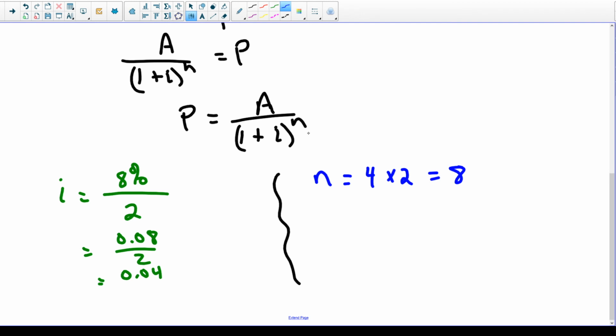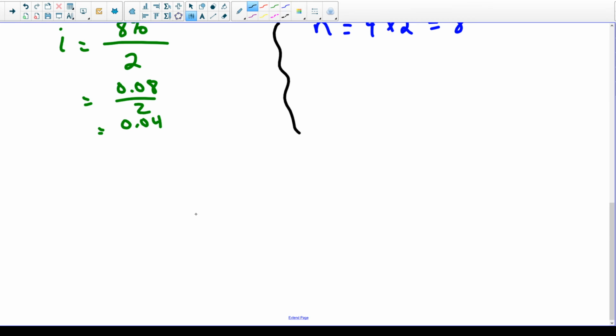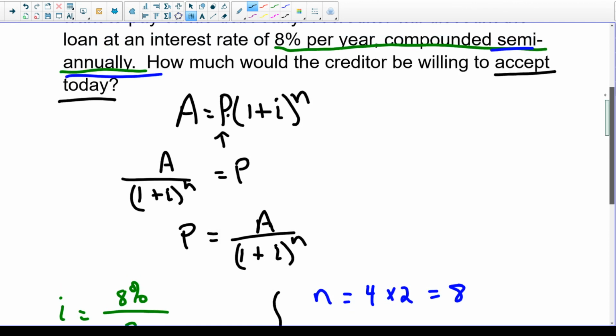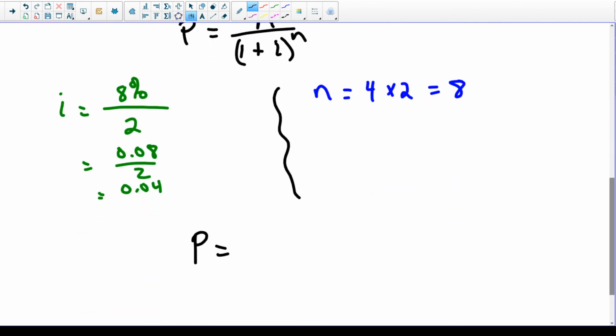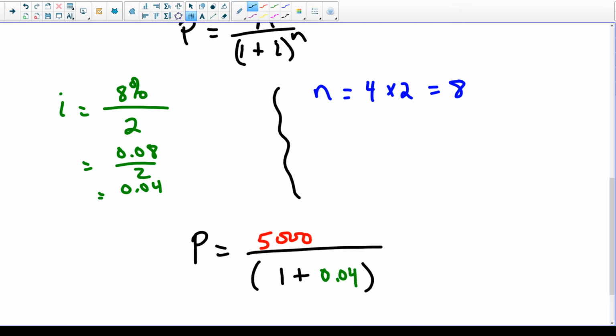So let's put all of our numbers into our present value formula now. P is equal to A. Now A is the $5,000, divided by 1 plus our i, which is 0.04, all to the power of n.